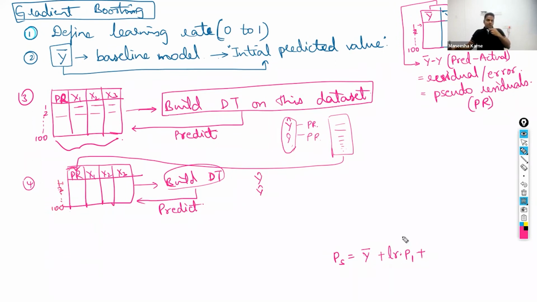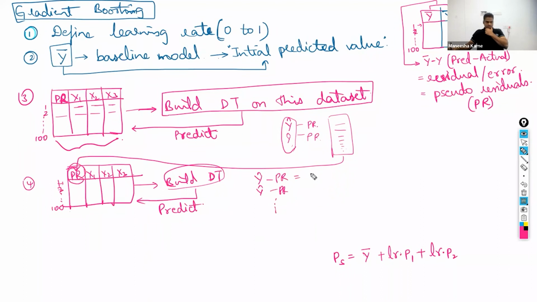Take each of these predicted value and multiply it with the learning rate. So P2 means all the predicted values of iteration 2. Then subtract these from the actual values. When you do that, what do you get?